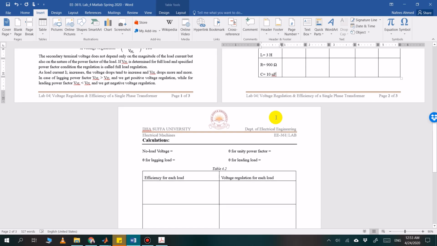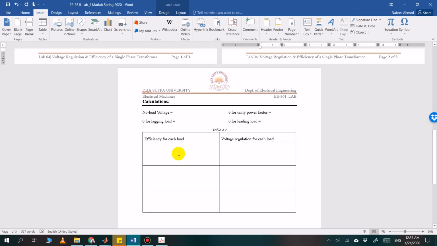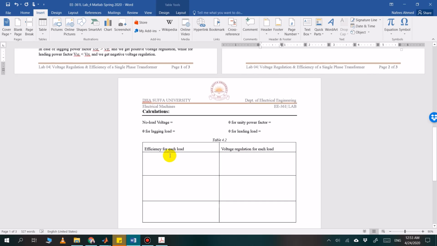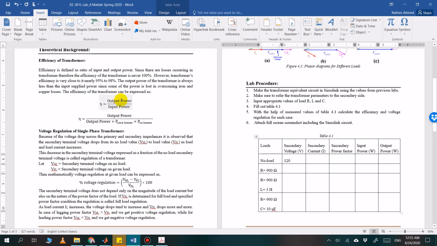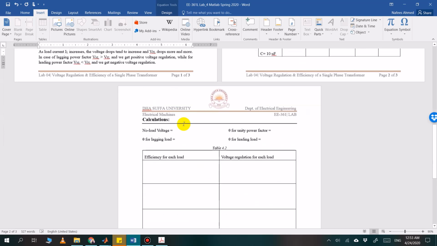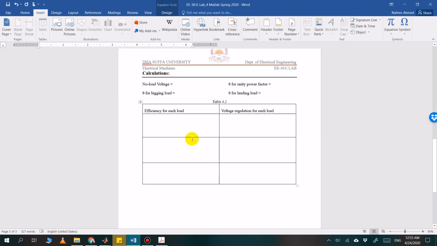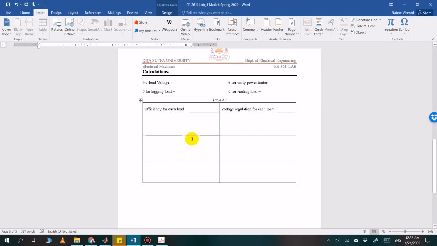Okay. As far as efficiency, it will be calculated by output power divided by input power. Through this formula, you can easily calculate the efficiency for each case. Practically speaking, transformers are really efficient devices.